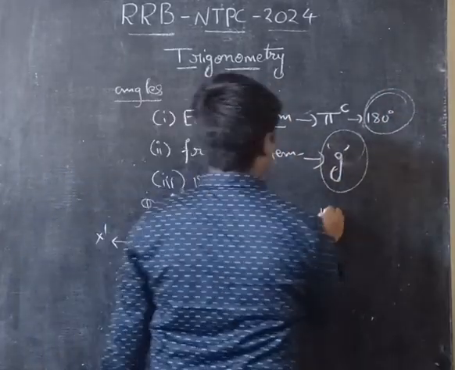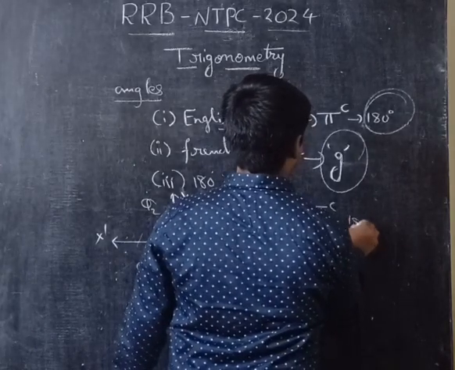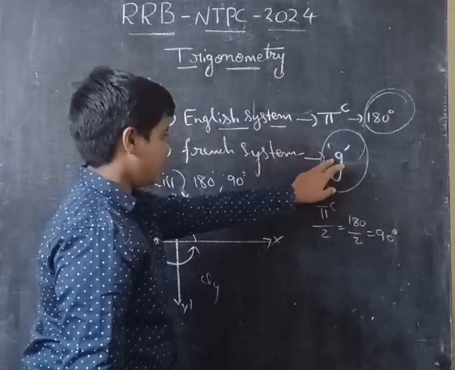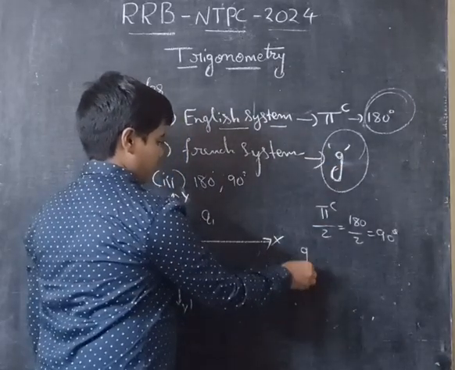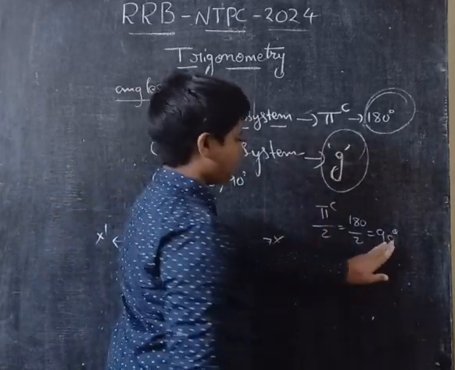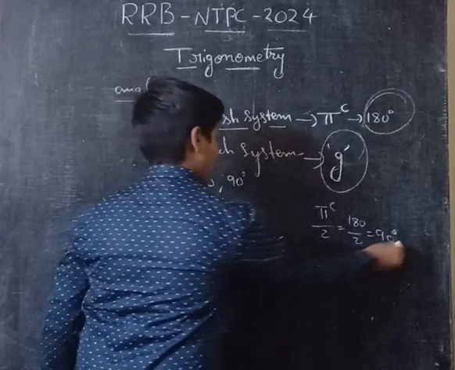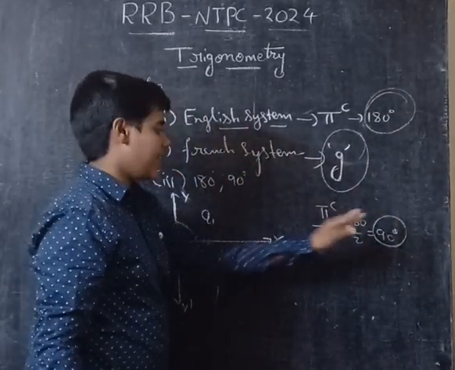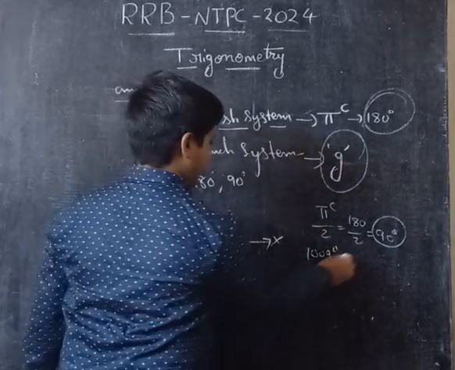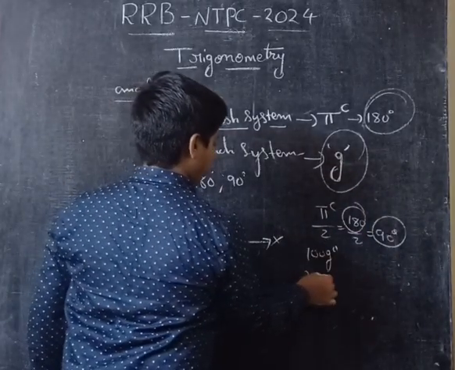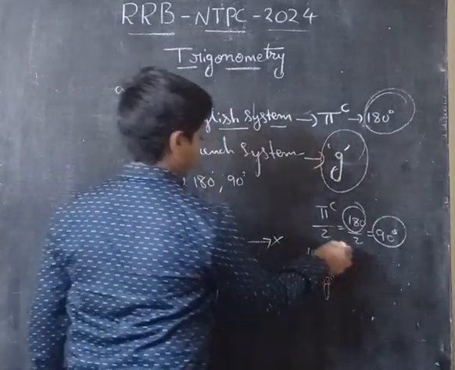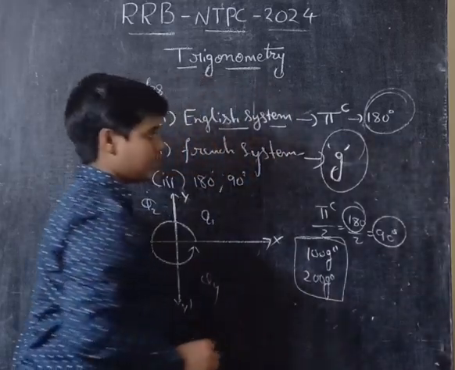Pi c by 2 means 180 by 2, which is nothing but 90 degrees. In the French system, 90 degrees is written as 100 grades, and 180 degrees is written as 200 grades.